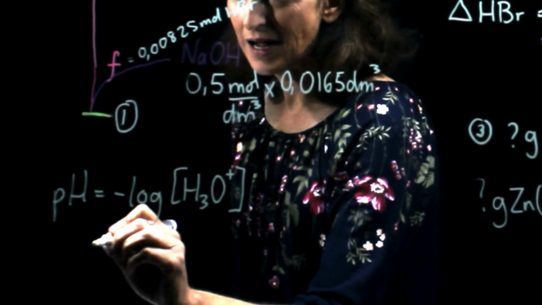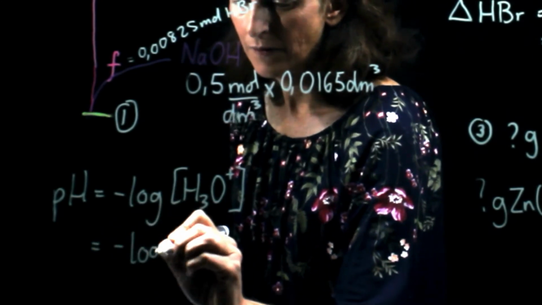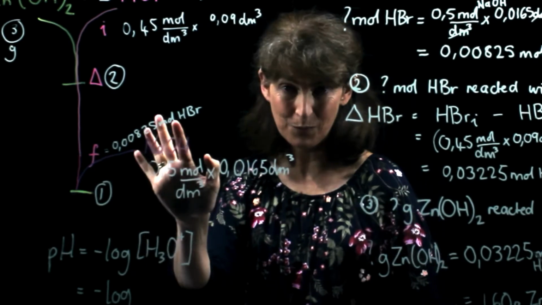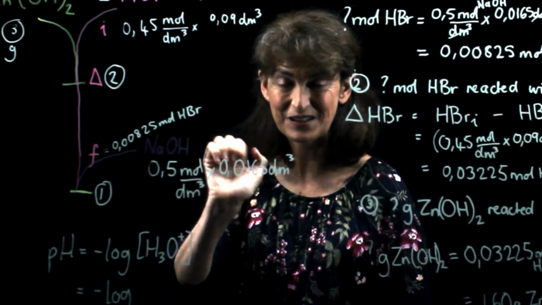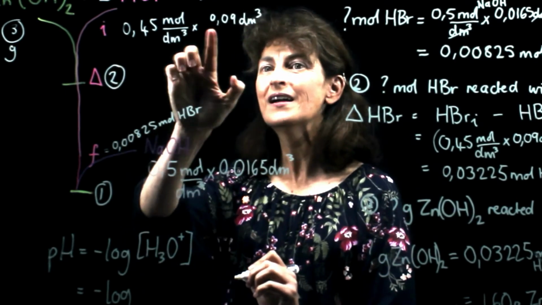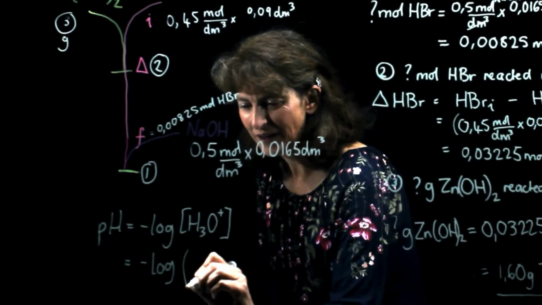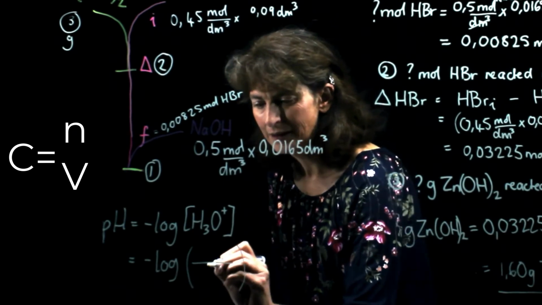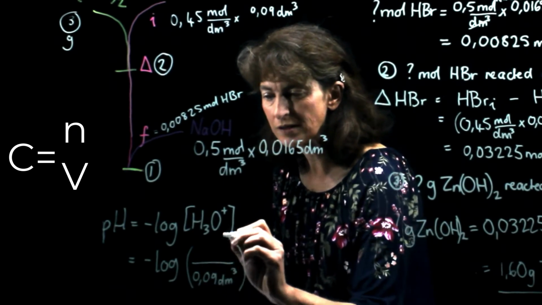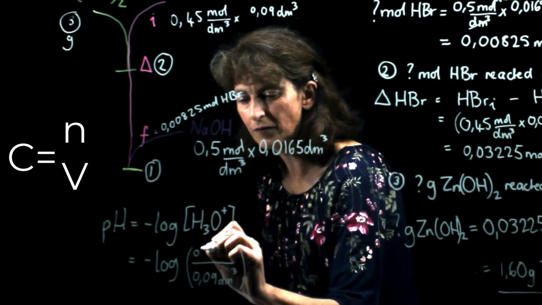And we've worked out the number of moles of hydrogen bromide, which is really the number of moles of hydronium because it's a strong acid. And we know the volume, and so we can then work that out here. That's the volume, because concentration, of course, is number of moles divided by volume.